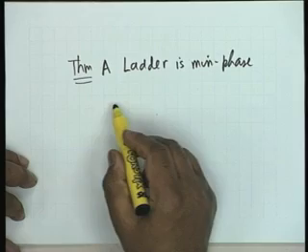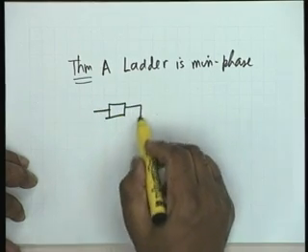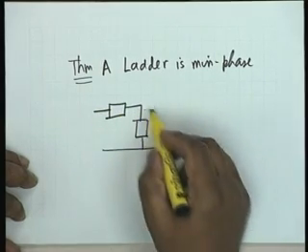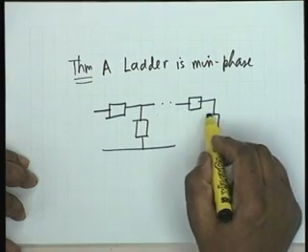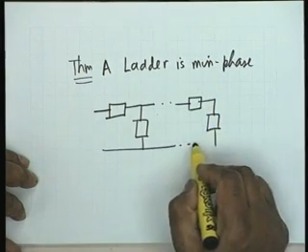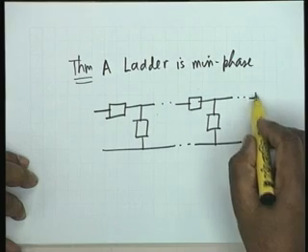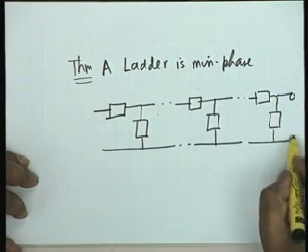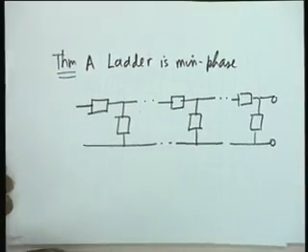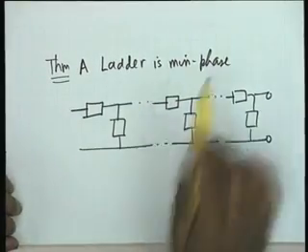Take a ladder. A ladder is like this. Okay, this is a typical ladder. A ladder is minimum phase.